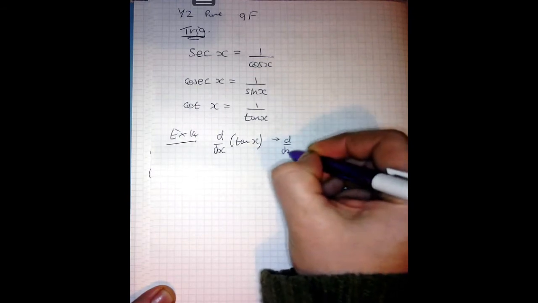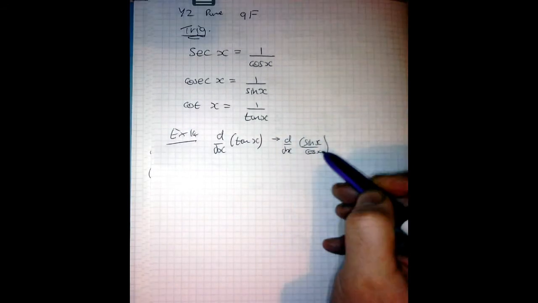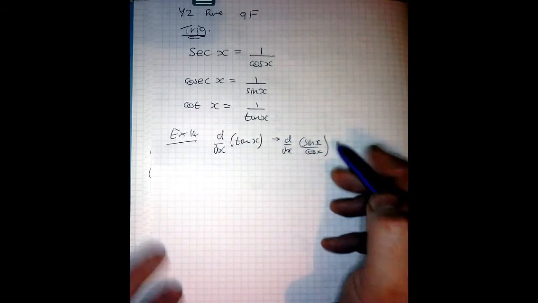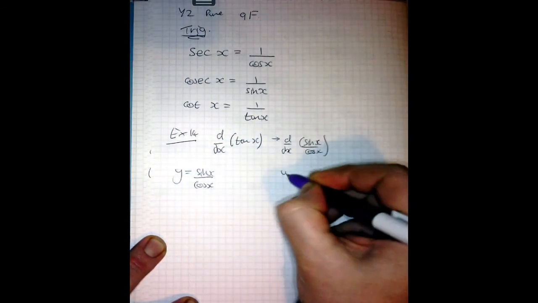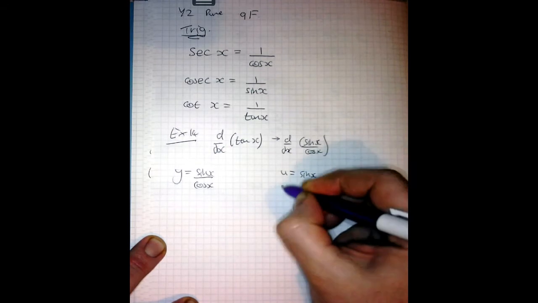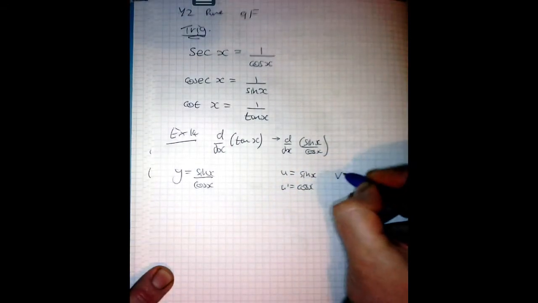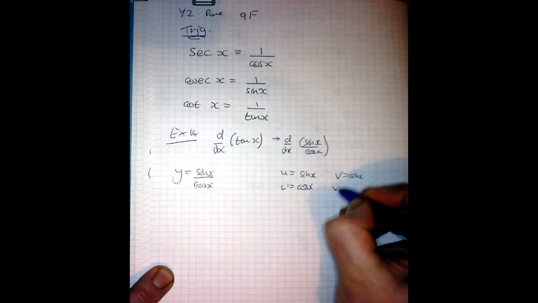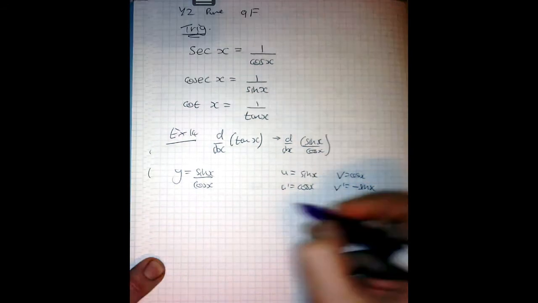So if y equals sin x over cos x, let's call u sin x, u dash is cos x, v is cos x, v dash is minus sin x, and I'm going for u dash v minus u v dash over v squared.